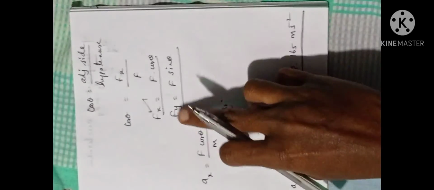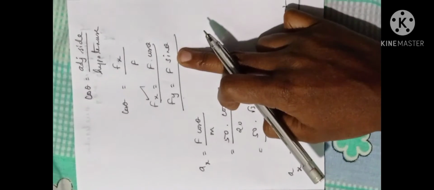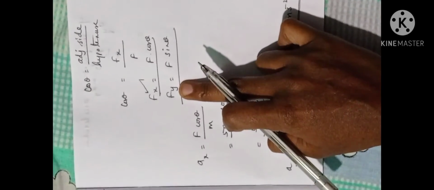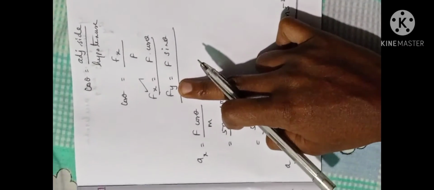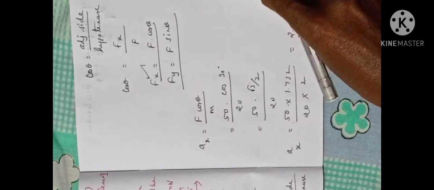Here you see the value Fy is equal to F sin theta. The y component of the force acting on the object is F sin theta. So substitute the value of Fy in this equation, F sin theta divided by m.